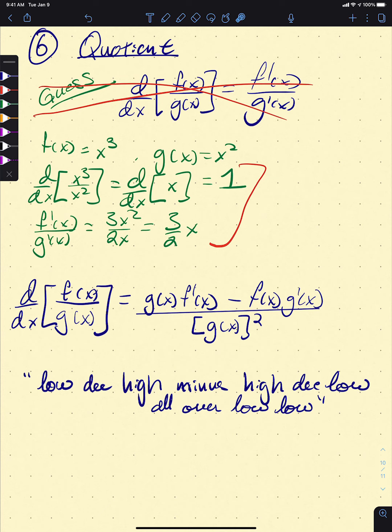And then that combined with the fact that I am, as I said, a terrible singer, what I did to memorize it was I memorized this: low, high, high, low, low, low. Where in memorizing that, right, I also had to remember that there's a minus, and that you're taking the derivative of the second one.